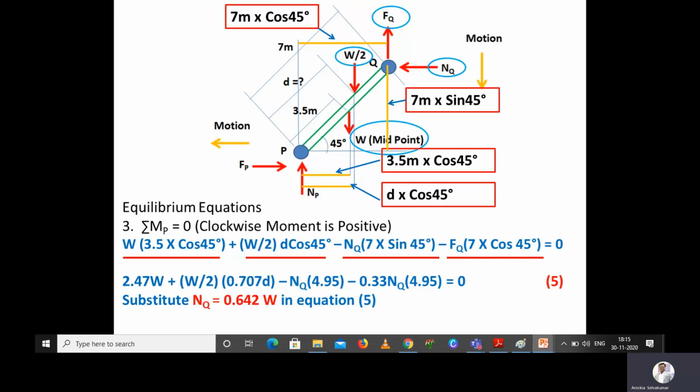After that, substituting Nq is equal to 0.642 W, rearranging and solving the equation, we will get D is equal to 4.95 meter. So this is the distance at which, when the man climbs 4.95 meter, the ladder starts sliding as per the given data in the problem.